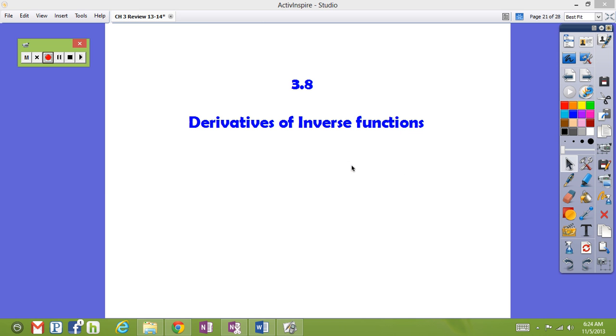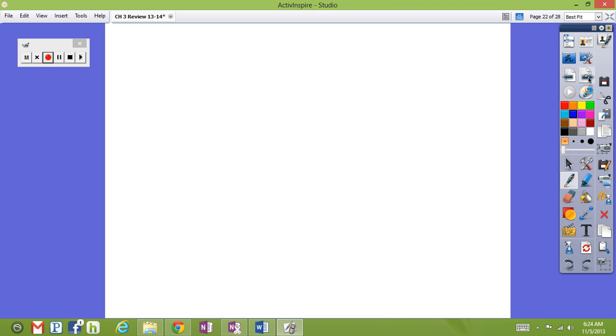Alright, so we have derivatives of inverse functions. So, looking at this, we are going to start off with the basic rule. If there's a function f of x, and we say that g of x is equal to f inverse of x, then if you evaluate f of x, you end up with a y value.